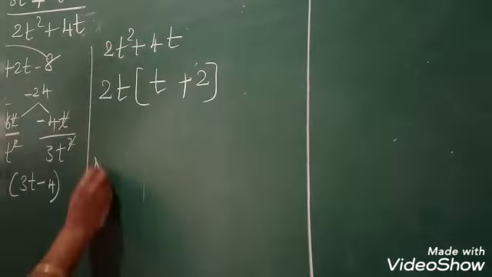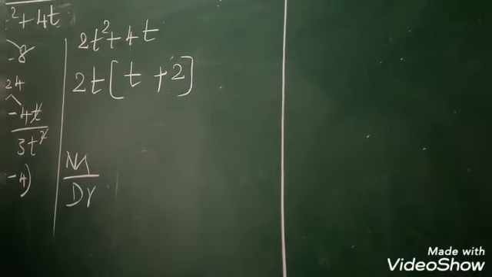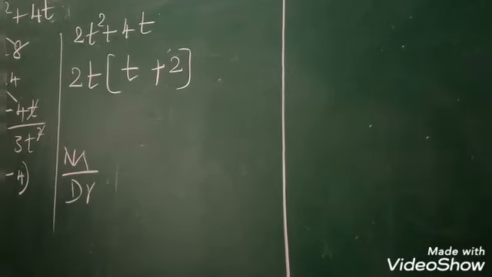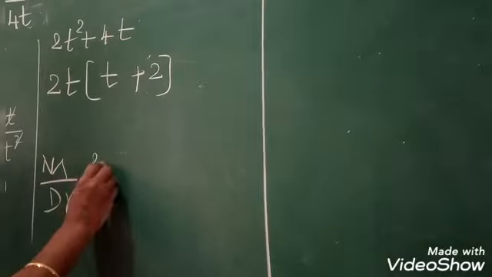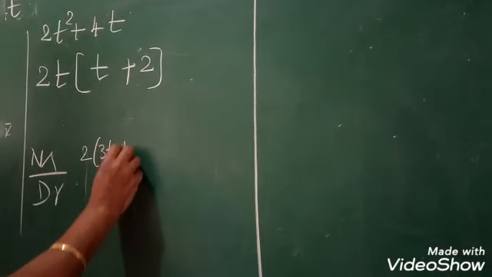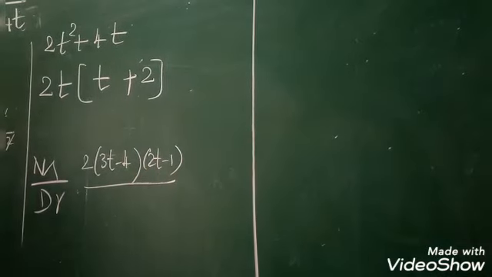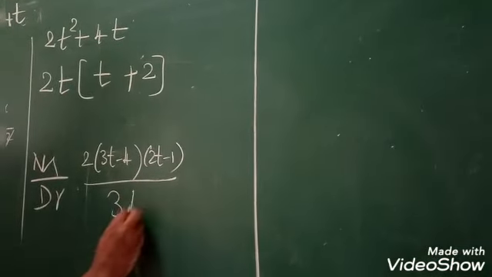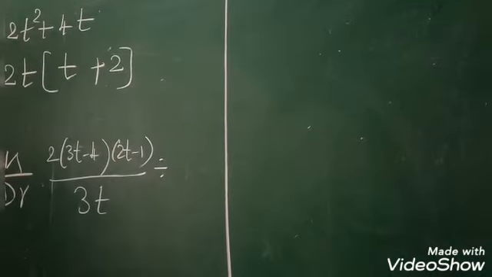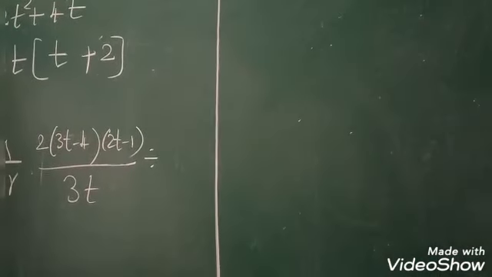Okay, now I am going to apply it in the numerator and the denominator girls. What are the values you found? You have to apply them. What is that one? 12t squared. Here we found the factorization is 2 into 3t minus 4 into 2t minus 1. The next, 3t. Okay, now the division symbol you want to put. 3t squared plus 2t minus 8.